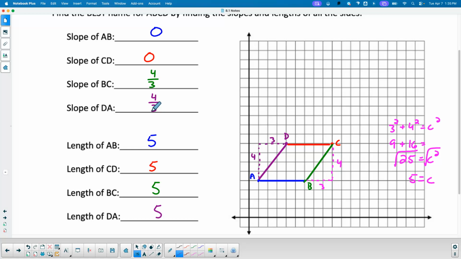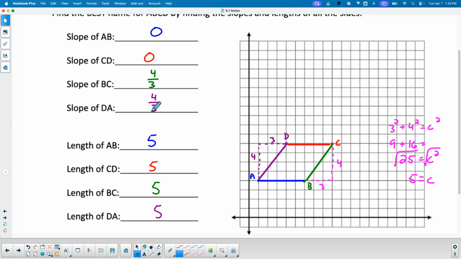So now instead of it being a trapezoid, we're at least a parallelogram. Okay? So because of the slopes, we're at least a parallelogram. Okay? Are we anything more than that? We're a rhombus because they're not perpendicular, right?